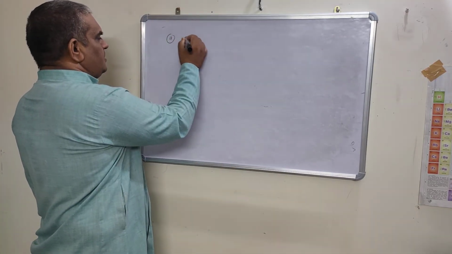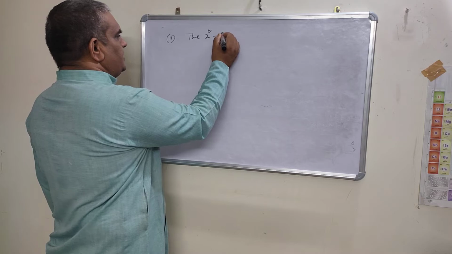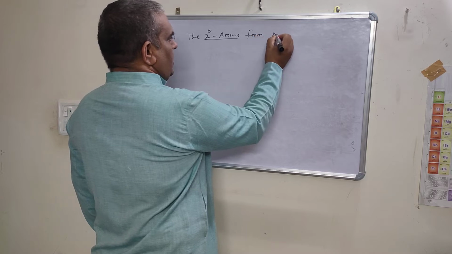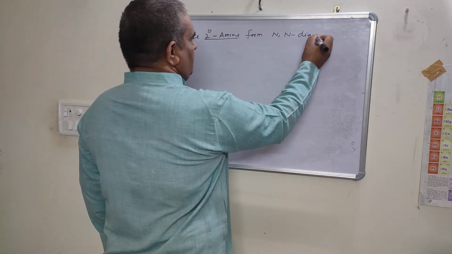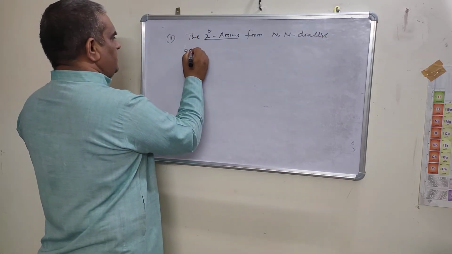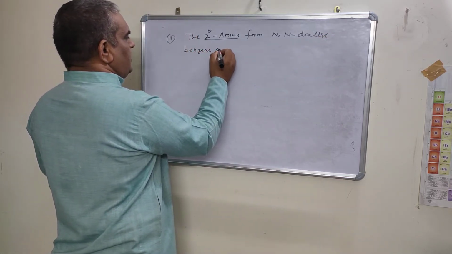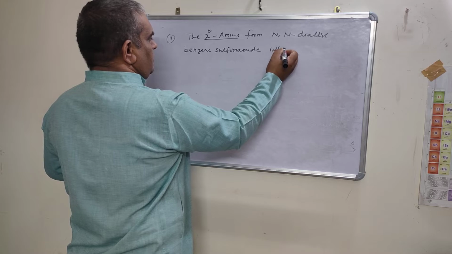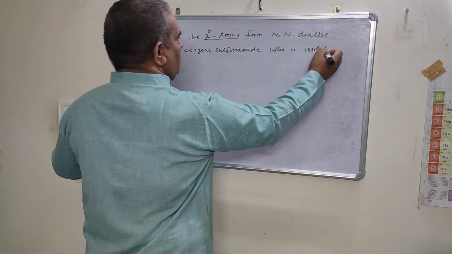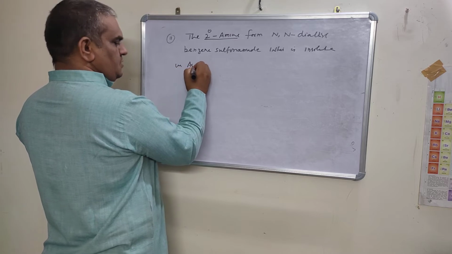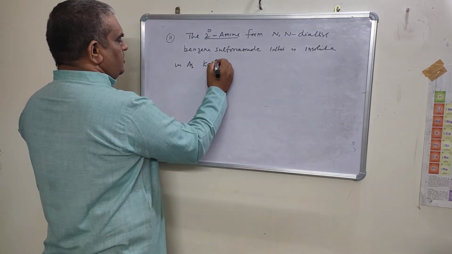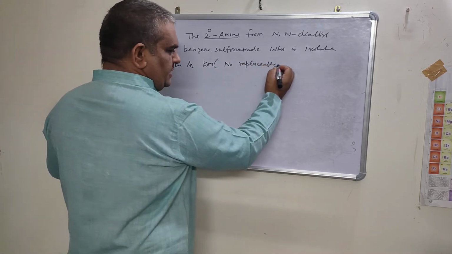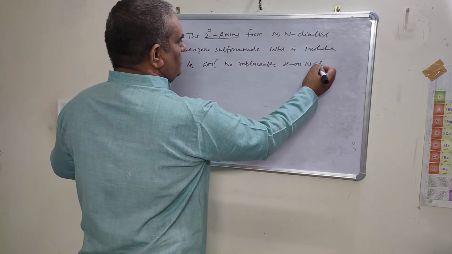Second, the secondary amine reacts with benzene sulfonyl chloride and forms N,N-dialkyl benzene sulfonamide, which is insoluble in aqueous potassium hydroxide, as there is no replaceable hydrogen atom on the nitrogen atom.